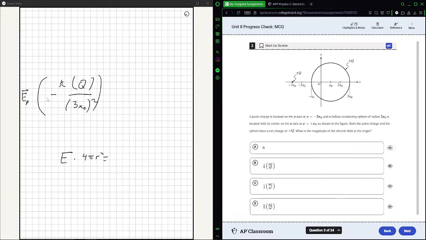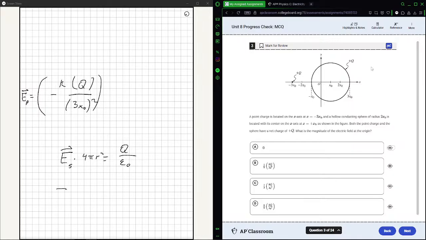So we're going to have to add it to the electric field from the sphere. For the sphere, we're making a Gaussian surface inside of it, and the radius of the Gaussian surface is going to be from x0 to the origin, so x0 is the radius. Times the net charge of q over epsilon naught.